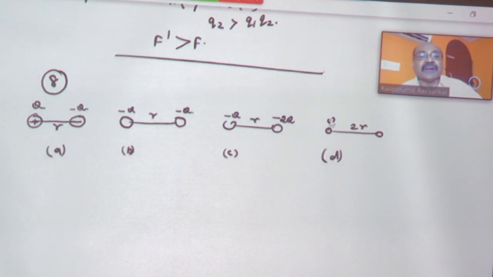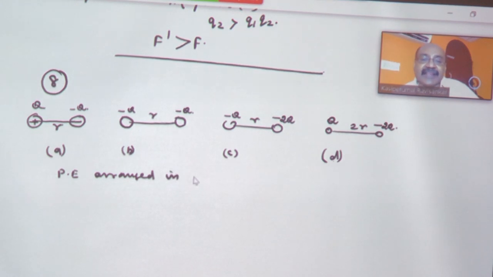One of the charges is Q and another charge is minus 2Q. What they have asked is that potential energy should be arranged in increasing, ascending order.